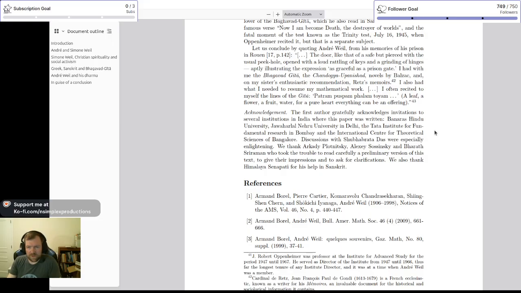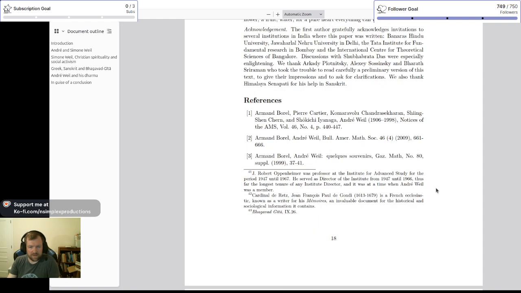Discussions with Subhabrata Das were especially enlightening. I'd like to thank Arkady Plotnitsky, Alexei Sosinsky, and Bharath Sriraman, who took trouble to read carefully a preliminary version of this text, give impressions, and ask for clarifications. We also thank Himalaya Senapati for his help with Sanskrit.